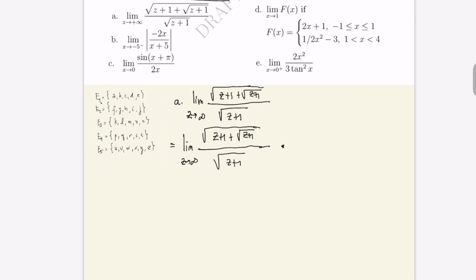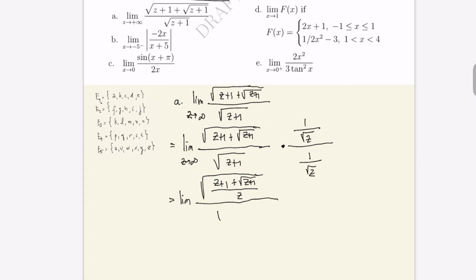I will multiply by 1 over square root of z over 1 over square root of z. Therefore, as it goes inside, I have square root of z plus 1 plus square root of z plus 1. This becomes z because it went inside. And then this is over square root of z plus 1 over z, as z approaches infinity.